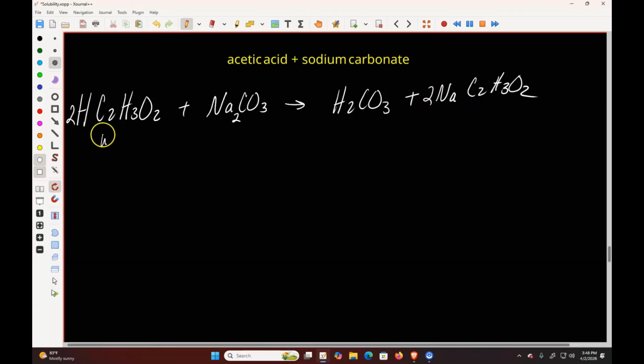Okay, here I have a weak electrolyte. This is soluble. This is weak acid. And this is soluble. Okay, this weak acid here will drive the reaction forward, even though I have a weak electrolyte on the reactant side. So we have to keep it whole.